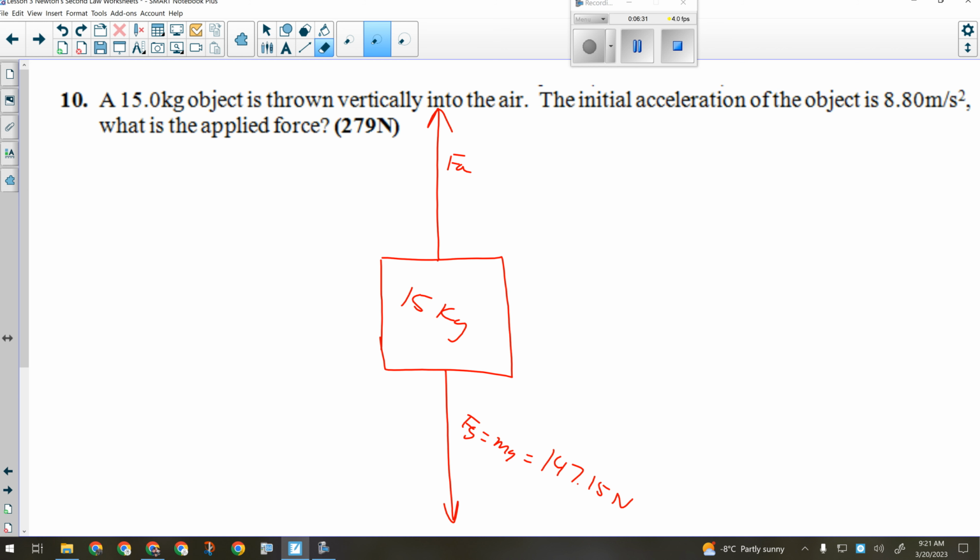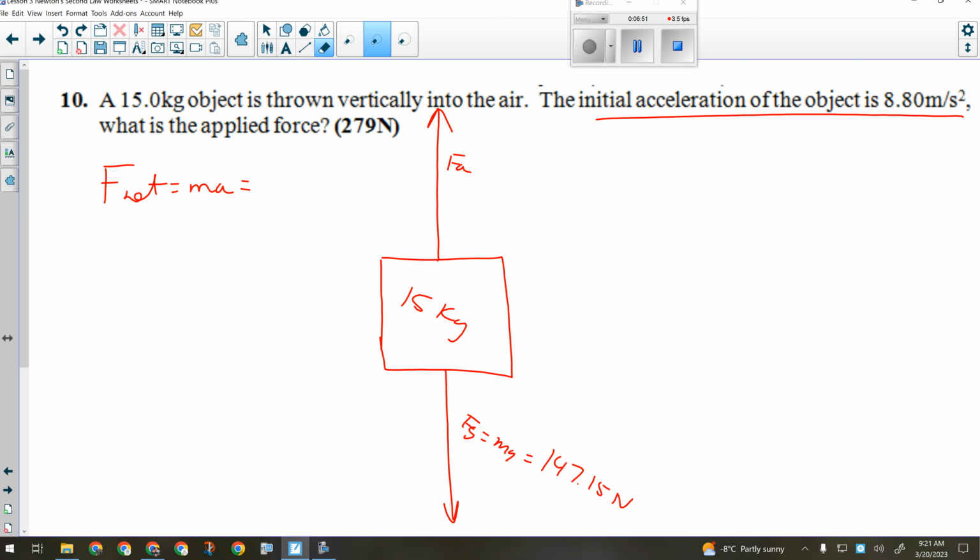All right. What else can I calculate with the information they gave me right off the bat? Because I also have this one. Net force. I've got mass and acceleration at the start. So I can calculate this right now.